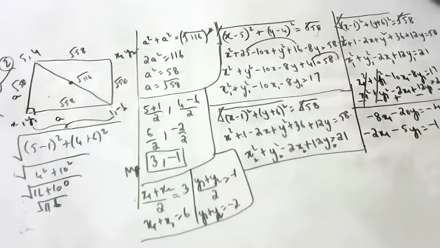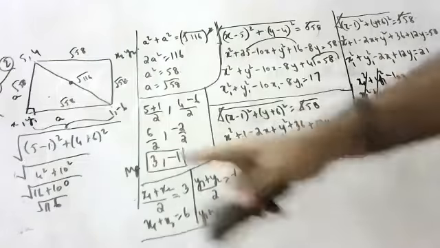Sir, midpoint theorem we can't use, sir. We can't use the midpoint theorem. Like, we'll find the distance from (5, 4) and (1, -6). We found the midpoint, (3, -1).